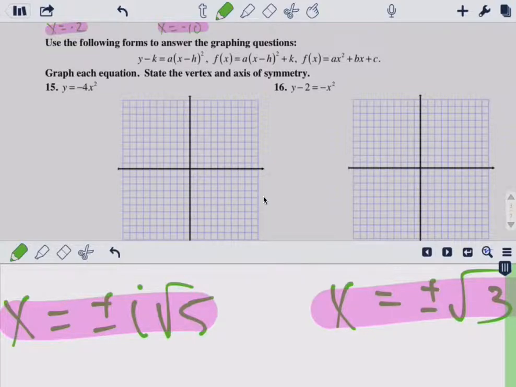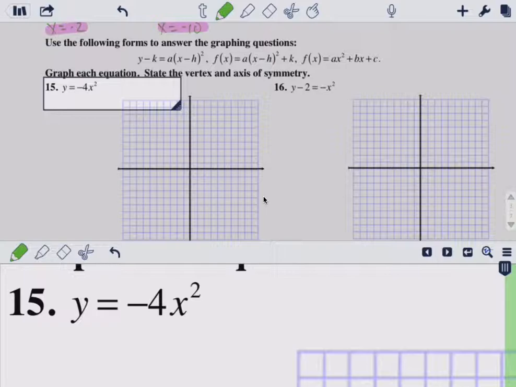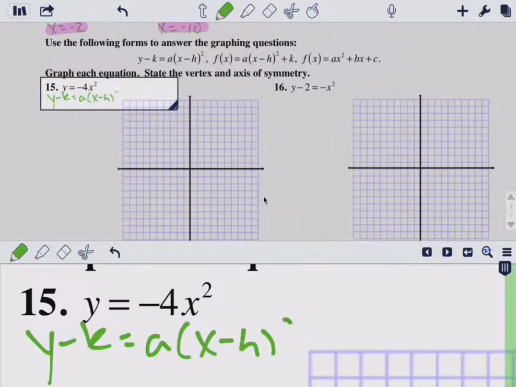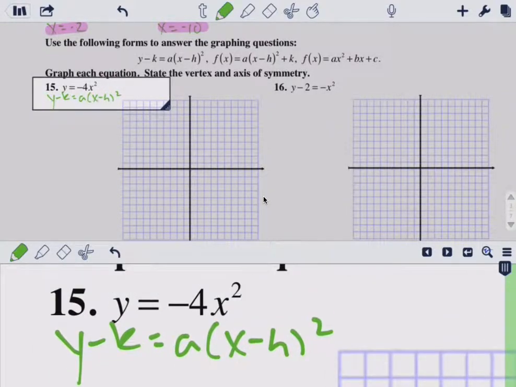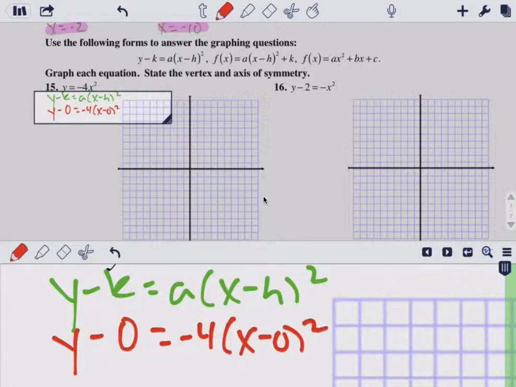Okay, so we just got to go through here, and we've got to pick which form it matches. Well, it's a y equals, so it's probably the first form: y minus k is equal to a times x minus h squared. For this particular problem, y minus 0 is equal to negative 4 times x minus 0 squared.